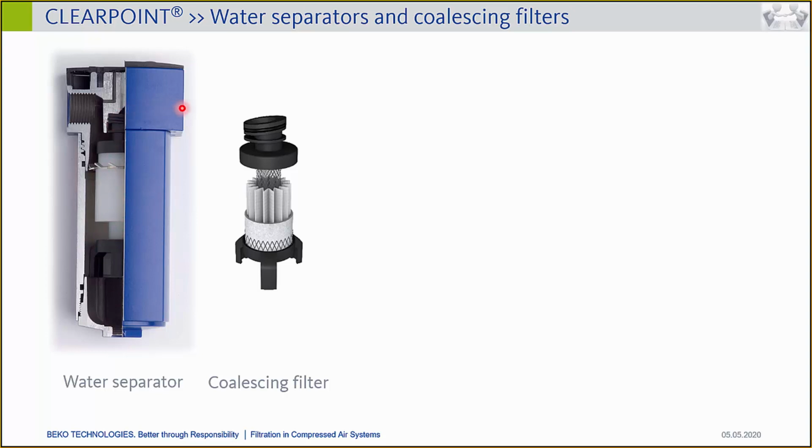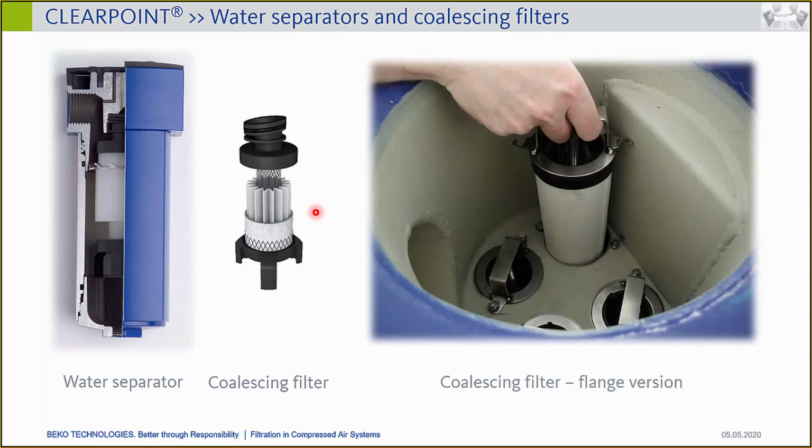And for the other jobs, for aerosols and particle reduction, we still have the coalescing filters here in the wrap version. But also we have flange filter versions. As already mentioned, these filter elements are just put in from the top side of the flange housing. Quite easy to put them in here. Just 2 screws are fixing the position of the filter element.